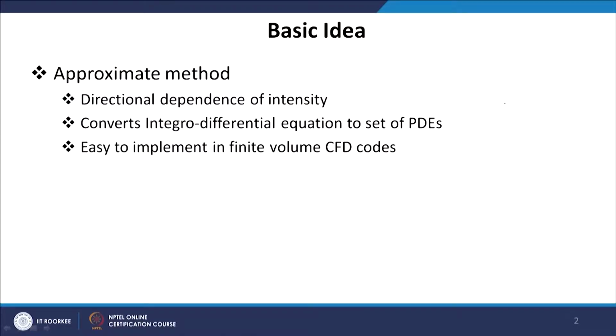So, let us suppose at any point in the medium we have actual intensity distribution which may not be symmetric. The intensity can be divided into two parts, one component moving in the upward direction and the second component moving in the downward direction, and it may not be symmetric or isotropic at all.